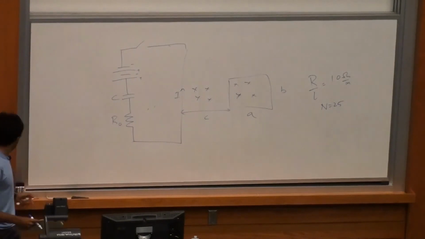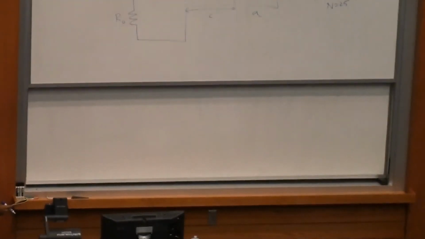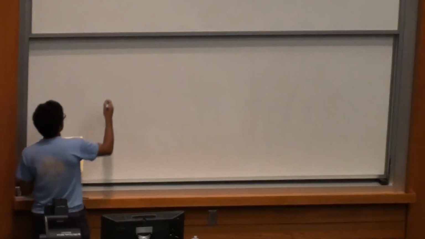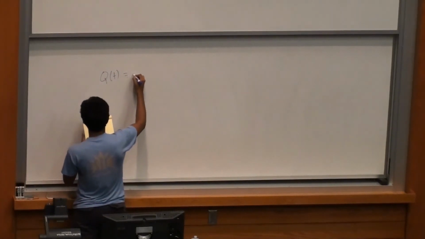For a charging capacitor resistor circuit, you guys should have done this in the first half. The charge equation as a function of time would look something like this.